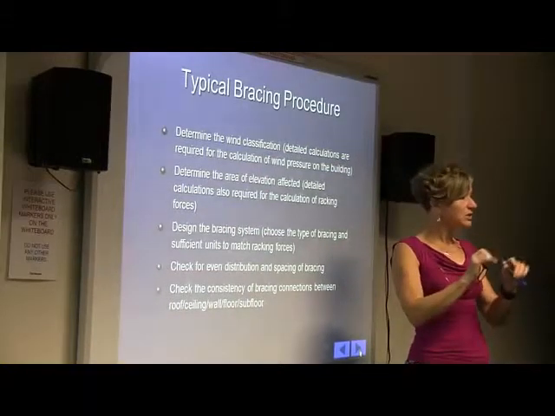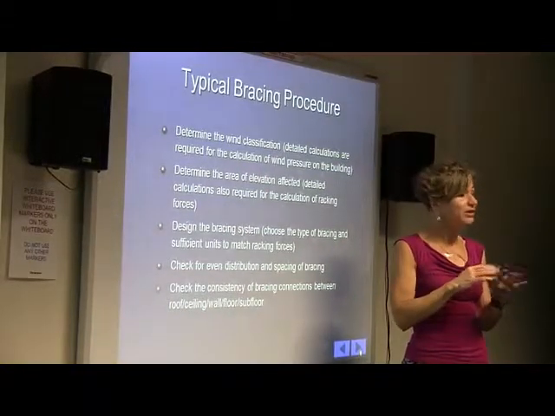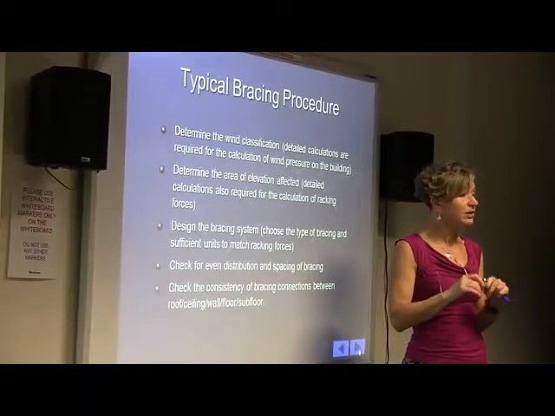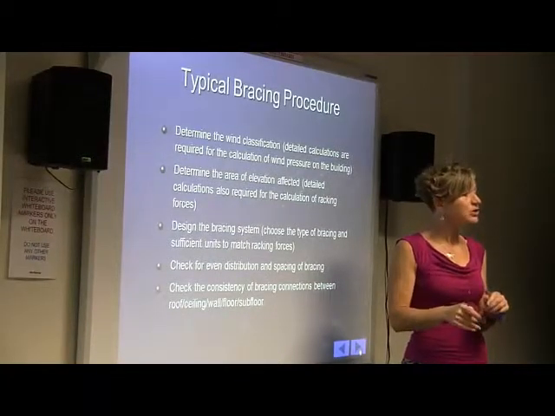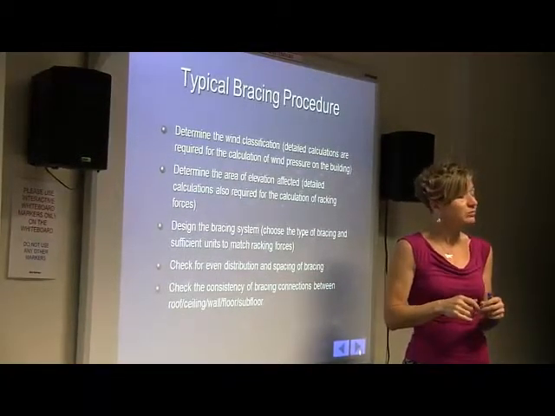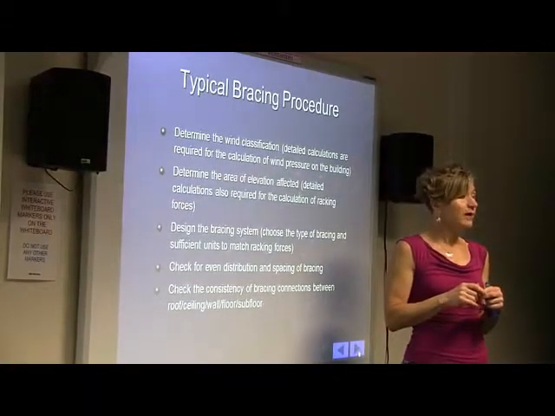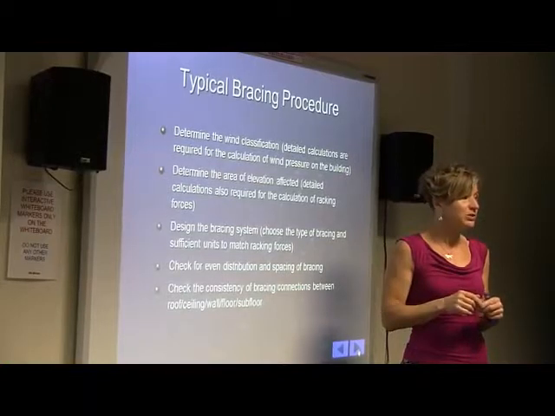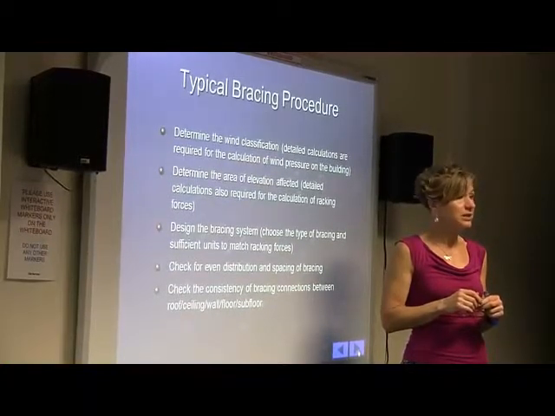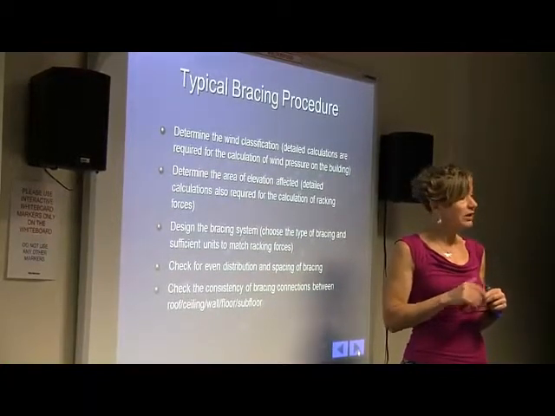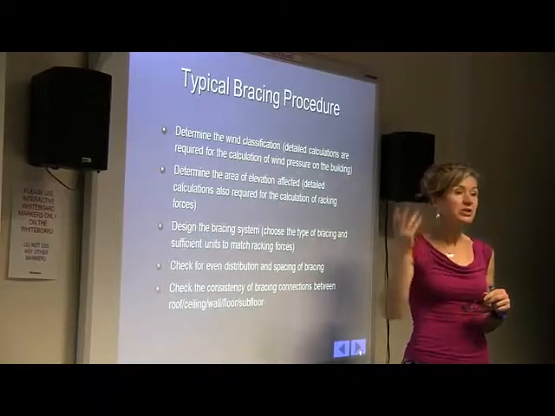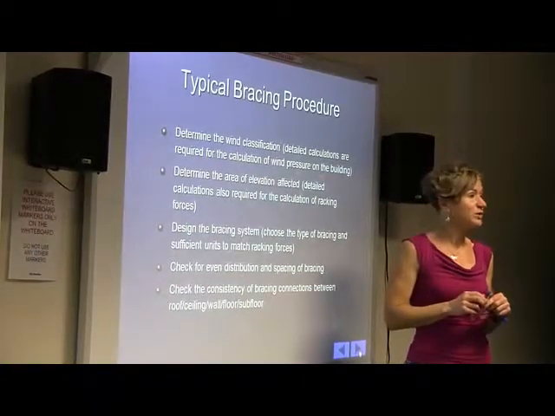And so in determining the amount of bracing in your building, you need to be able to work out the area of an elevation. So you would need to be able to draw an elevation from a floor plan, although of course when you get your plans you'll have the elevations already there. Okay. So working out an area from an elevation is pretty easy. It's usually only rectangles and triangles.